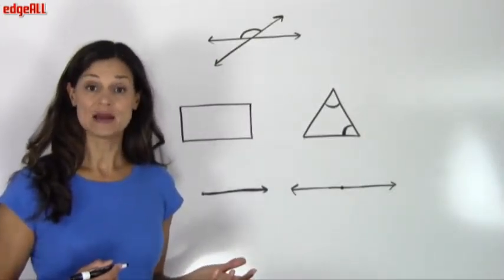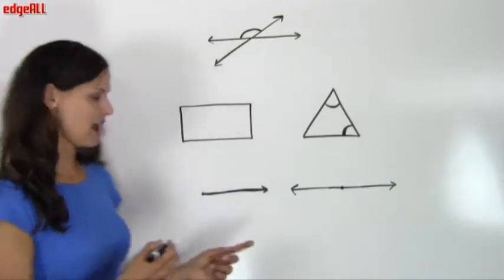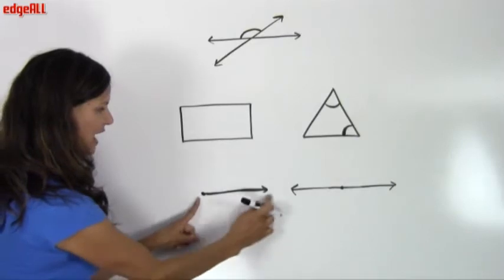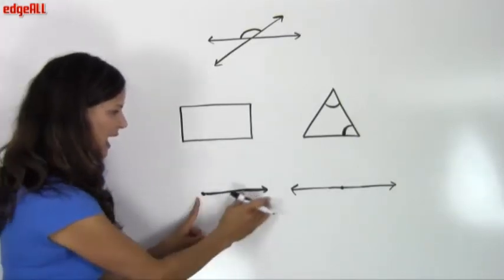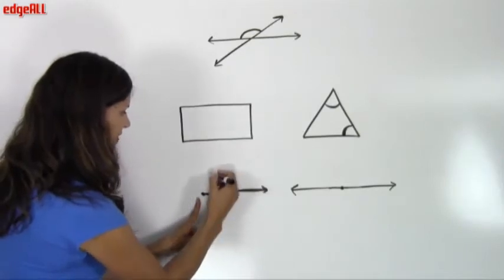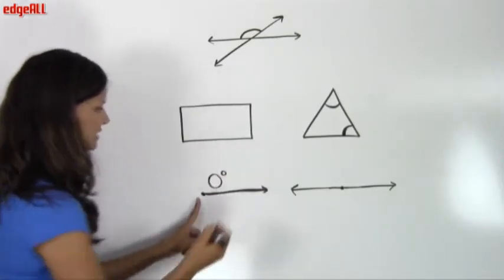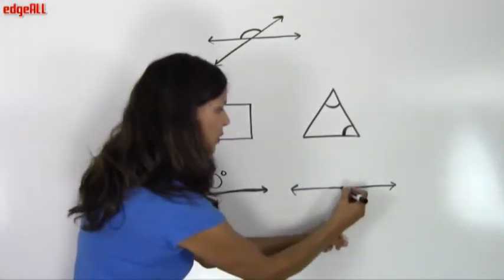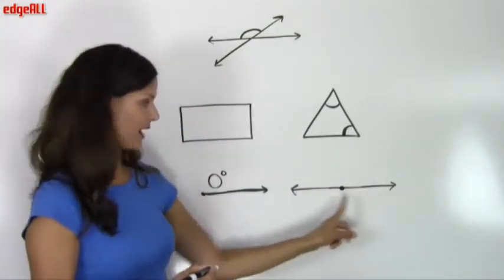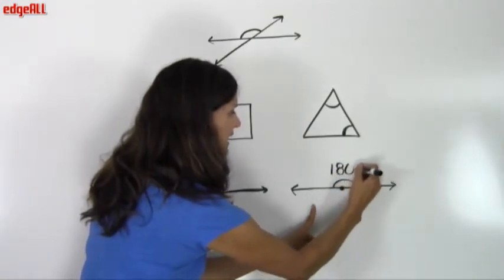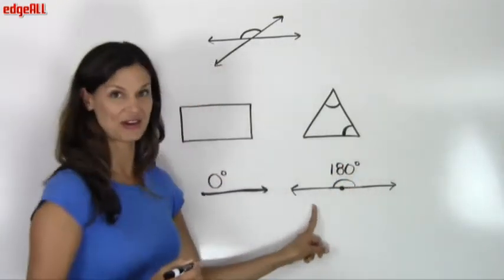2 rays pointing the same way are at 0 degrees to each other. So if I have a ray here and another ray pointing the same direction, I would say that these are at 0 degrees to each other. 2 rays pointing in the opposite direction are at 180 degrees to each other.